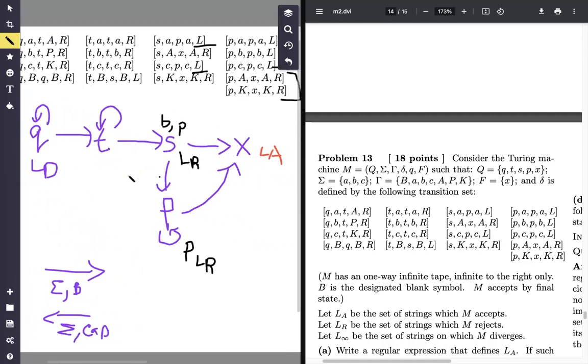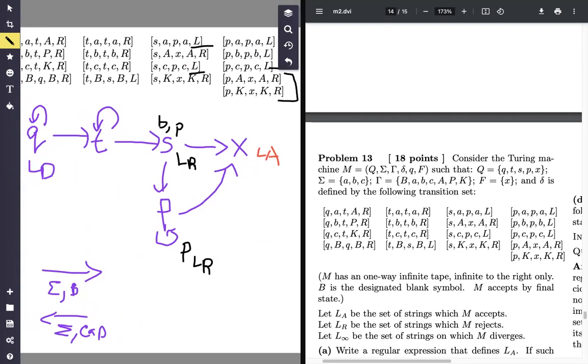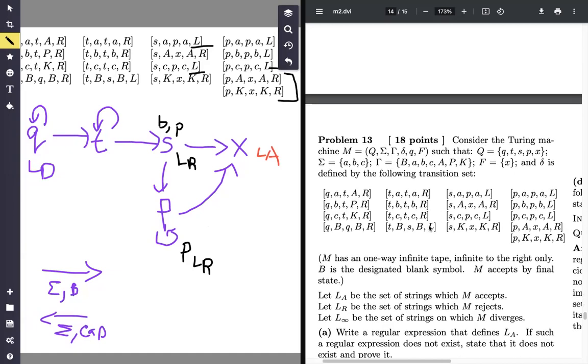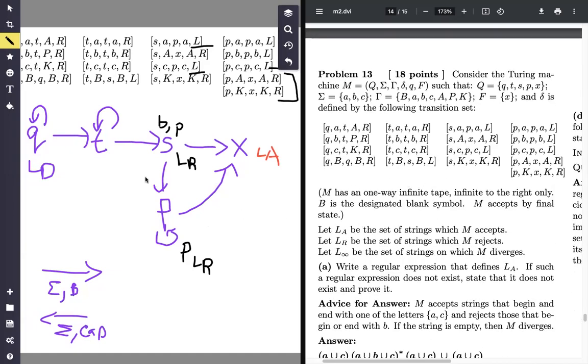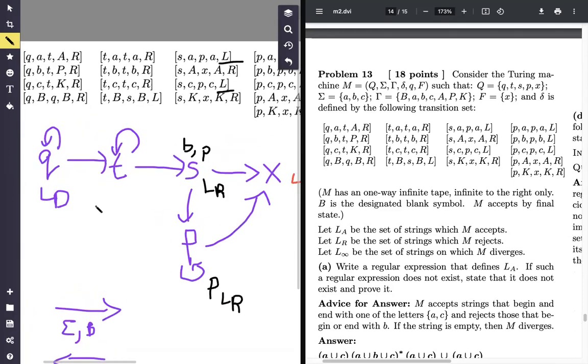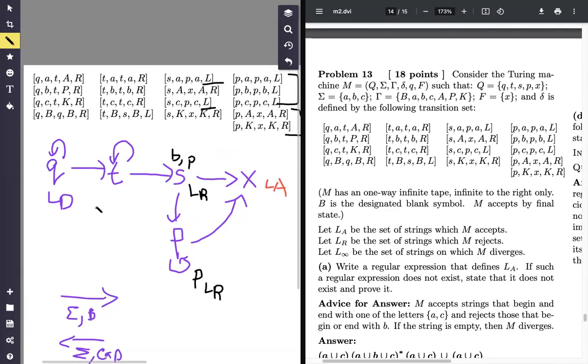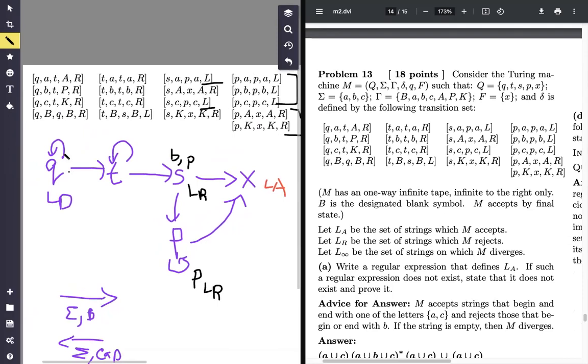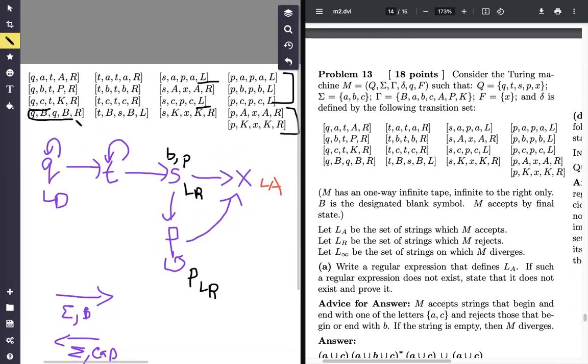Are there any questions on how I did that? Do you know how to read these matrix, these transitions?